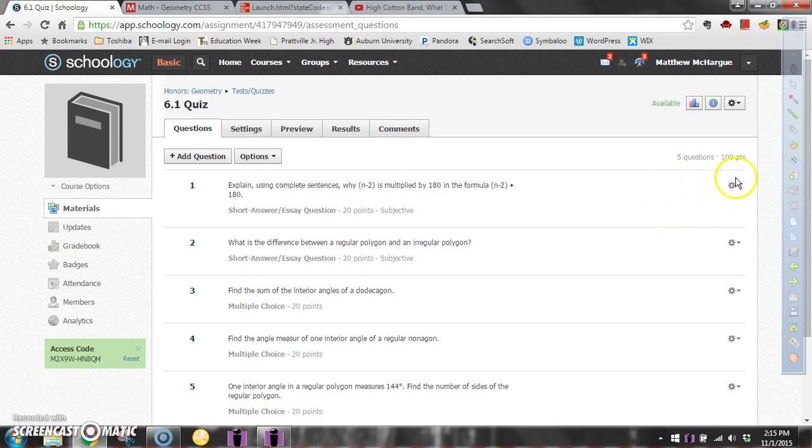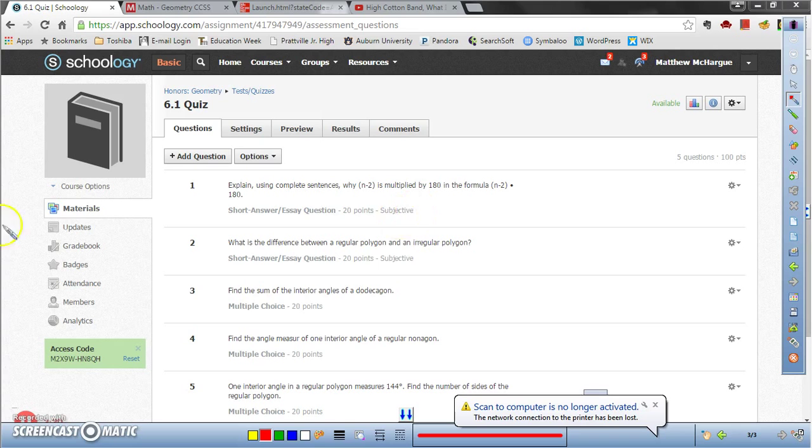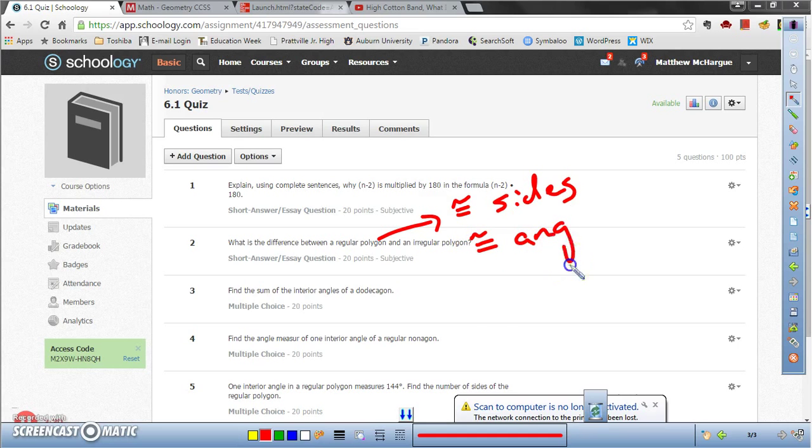So if you do not have that jotted down in your notes somewhere, make sure that you get it: a regular polygon has congruent sides and congruent angles. So be on the lookout for this word regular in your directions for problems. That is going to play a pretty big role in whether or not I'm able to use certain formulas.